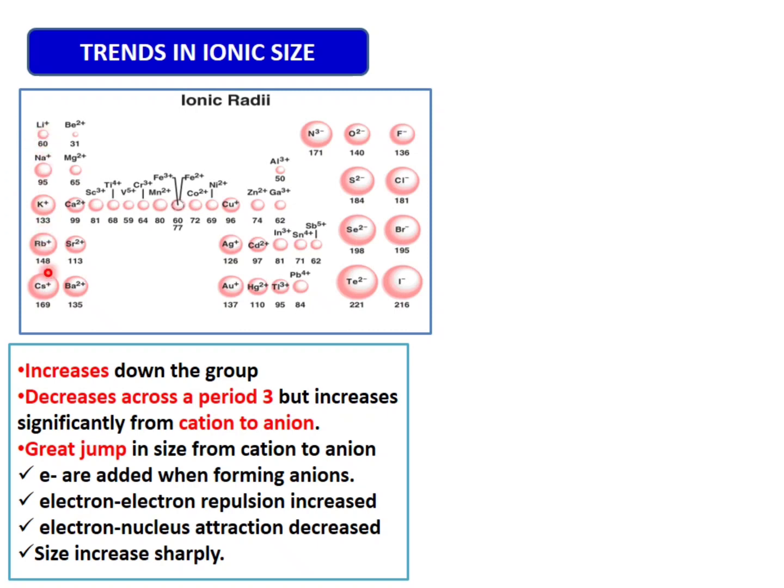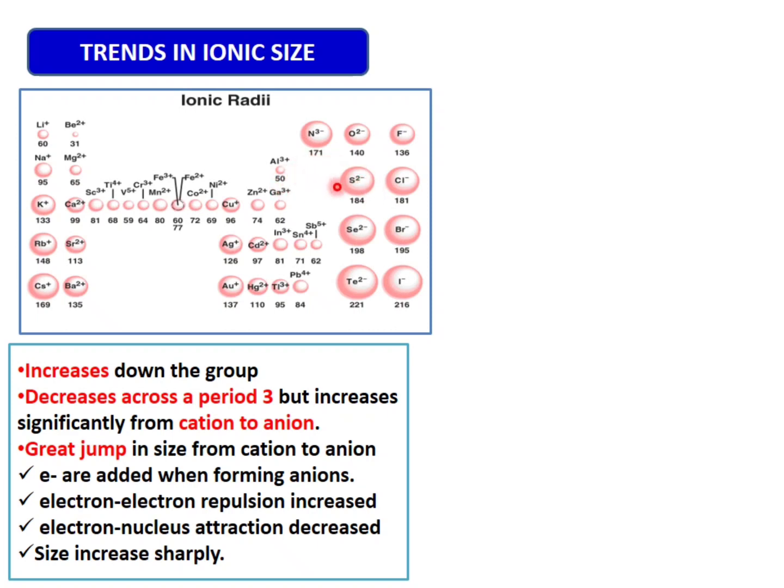So you boleh nampak increase down the group, the ionic size, but decrease across period 3. See, ni period 3 start with sodium, magnesium, aluminium, okay, but increase significantly from cation to anion. So here, so Al3+, so bila dia nak pergi kepada sulfur kat sini, so dia meningkat.